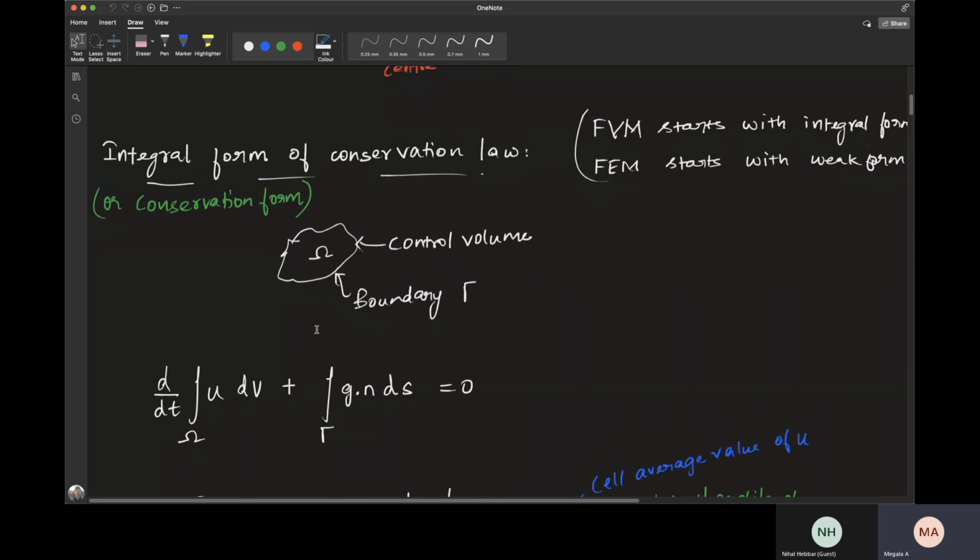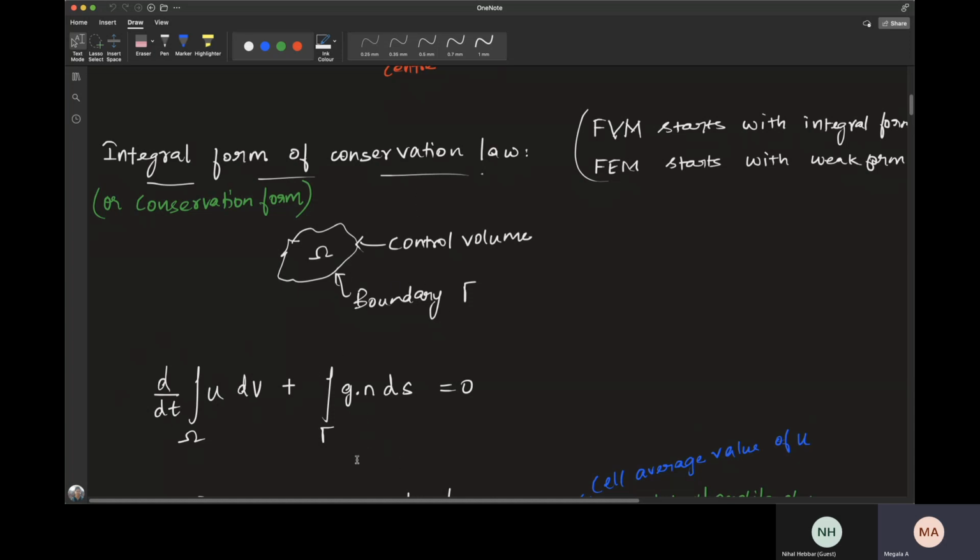For that, consider the rate of change of some quantity inside the control volume, where that quantity is U. The rate of change of the total value of that quantity inside the control volume is denoted by this expression. That is equal to the flux of the quantity, that is, some quantity will be moving out through the boundary.